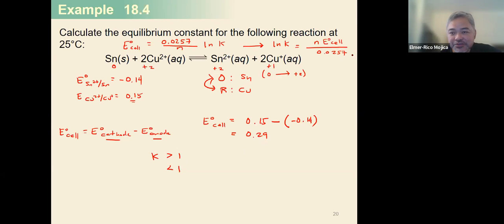So the next thing that we're going to do now is, what is N? What is the N value? Because if we look at the equation, we are here now. So we have the 0.29, the 0.0257. So what is N?